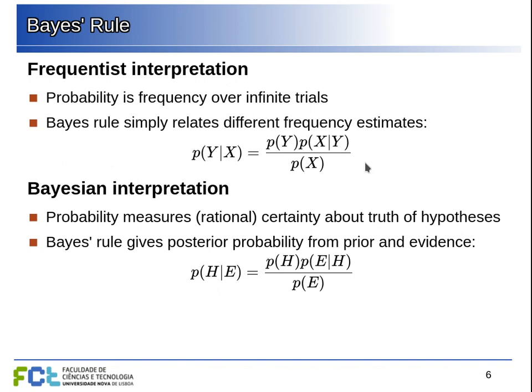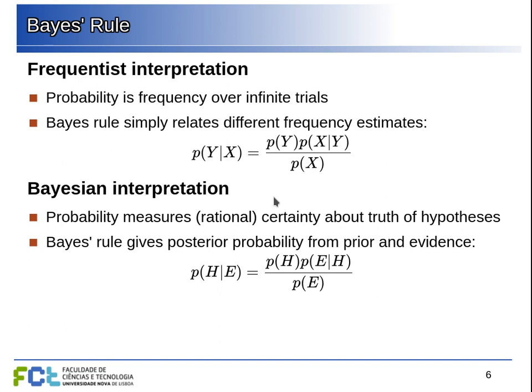But a Bayesian interpretation of probabilities is fundamentally different. In this case, we are interpreting probability not as a frequency of random events over infinite trials, but as some sort of rational measure of how certain we can be about the truth of some hypothesis. So it's not about the actual events being random.